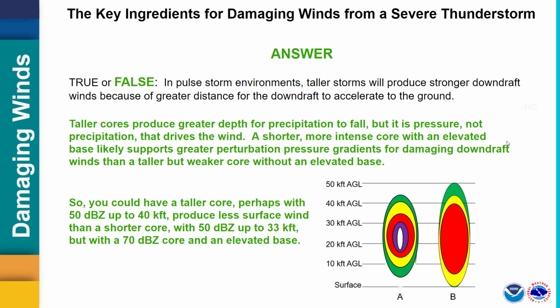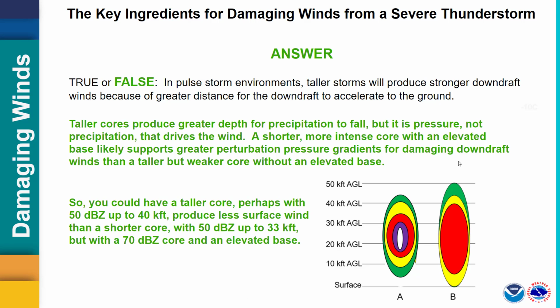That core, for example, could represent melting hail that's cooling and increasing the pressure perturbation within that core, while the elevated base suggests a more intense updraft and thus a stronger perturbation low near the surface. So the perturbation pressure gradients may in fact be stronger with storm A than with storm B.